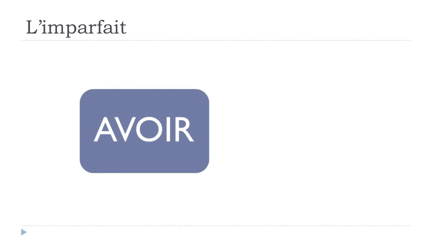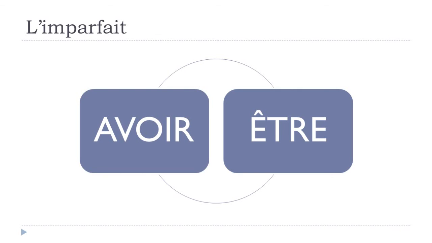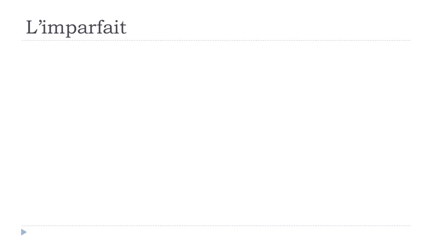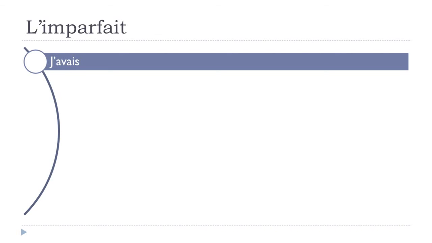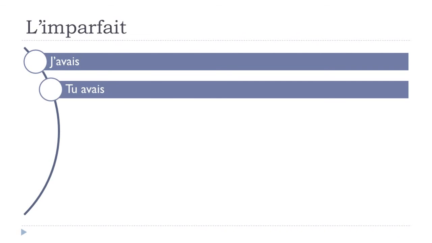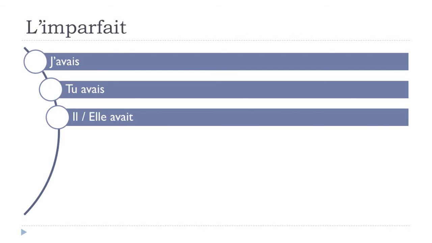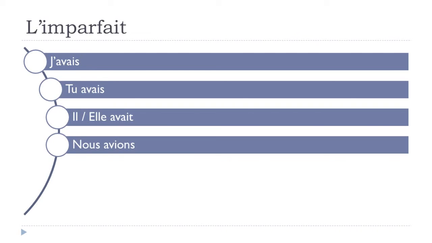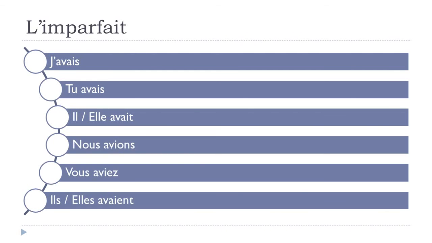And then of course, avoir and être can be in some cases quite tricky. So that's the reason why we'll take a few minutes to have a look at them. The first one, avoir, and it's not that tricky at all because it goes like that. J'avais, tu avais, il avait, elle avait, nous avions, vous aviez, ils avaient, elles avaient. Honestly, it is quite easy.